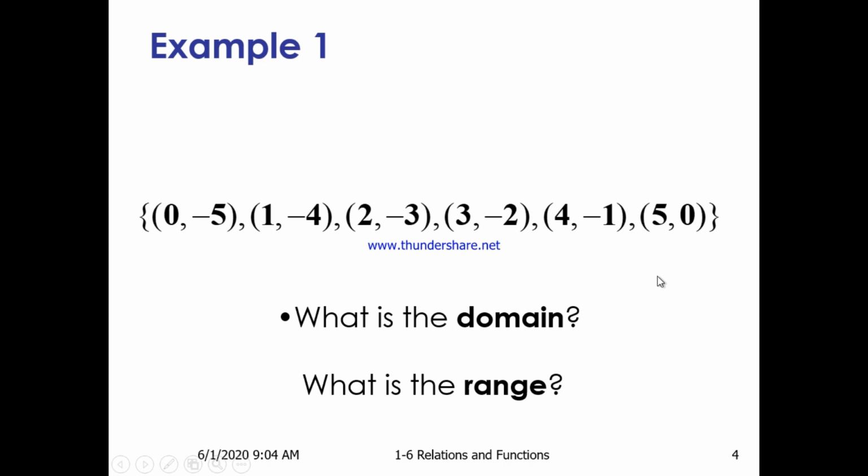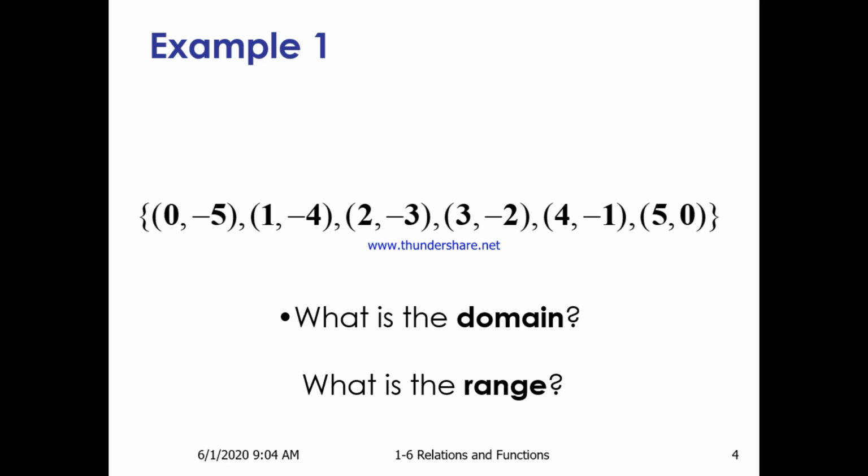As I've said earlier, the input, the domain, and the independent variable are the set of all first coordinates in an ordered pair, while the output, the range, or the dependent variable is the set of second coordinates in an ordered pair.